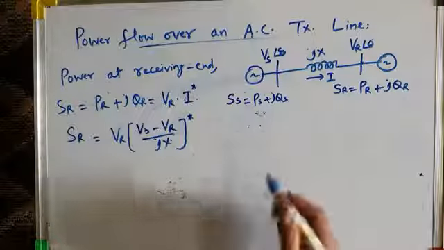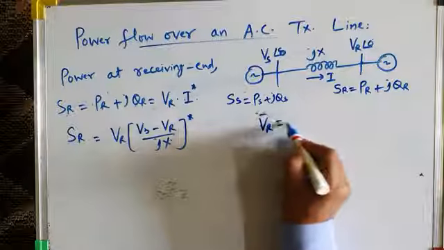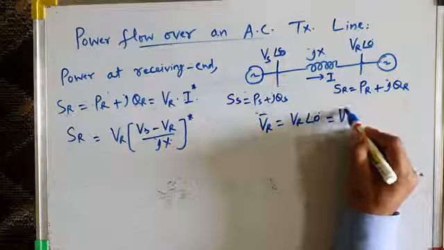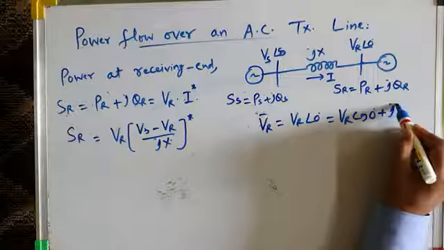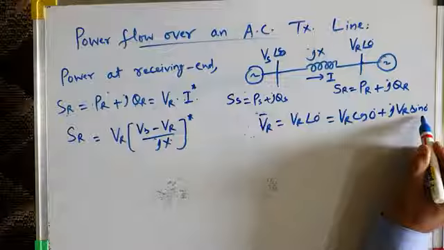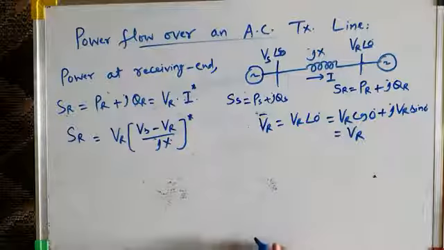Right? Now we already know Vr is equal to Vr at an angle of 0 degree. That is Vr cos 0 degrees plus jVr sin 0. Now cos 0 is 1, sin 0 is 0. So Vr into 1 is Vr. So it is Vr itself.